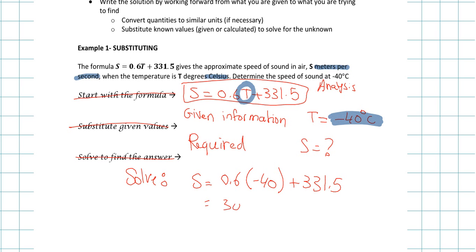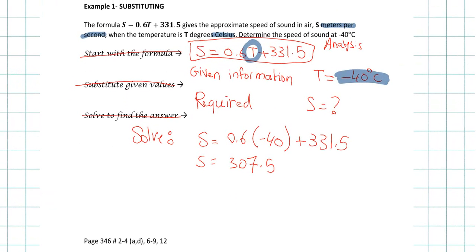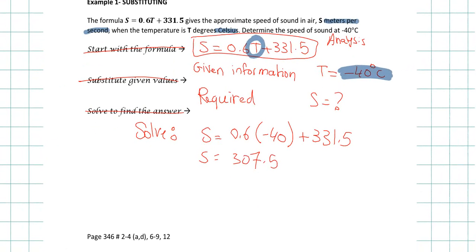And then this is my speed. What's the unit for speed? What does it say? Meters per second. It gives you that in the question. So I know that my units here is meters per second.